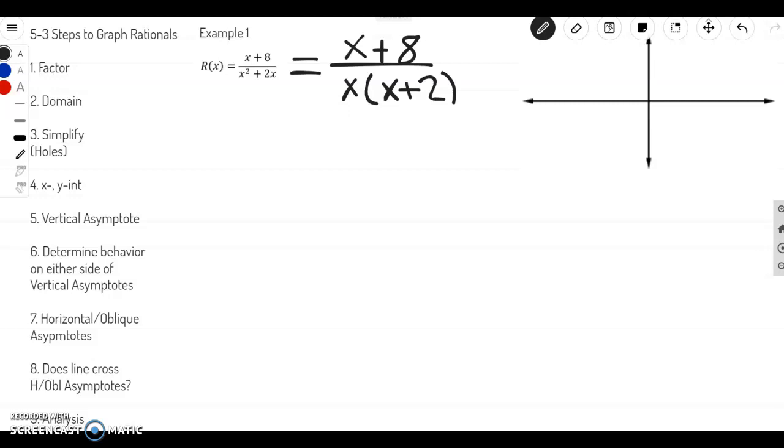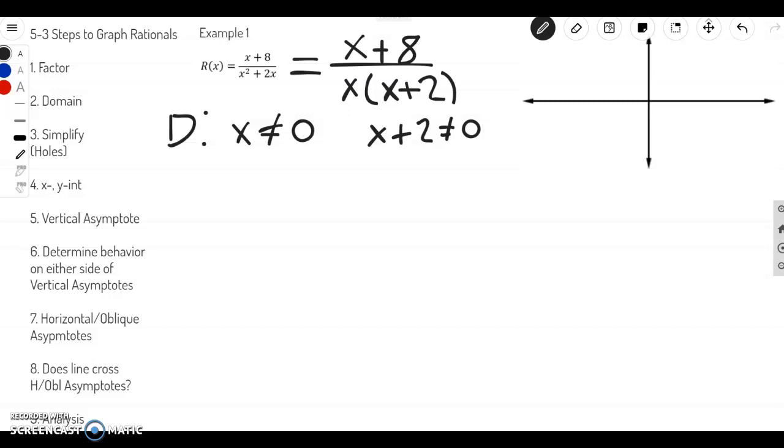Step 2 is to find the domain. Our domain, as we've done before, is you take the denominator and set each factor not equal to 0. So x is not allowed to be 0, and x plus 2 is also not allowed to be 0. The first factor, x is not equal to 0, is already solved.